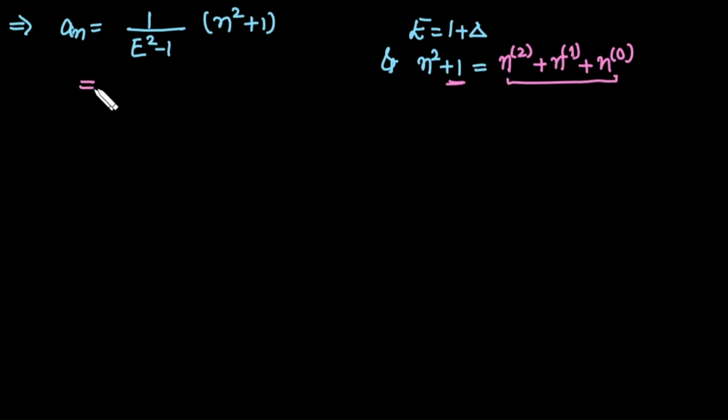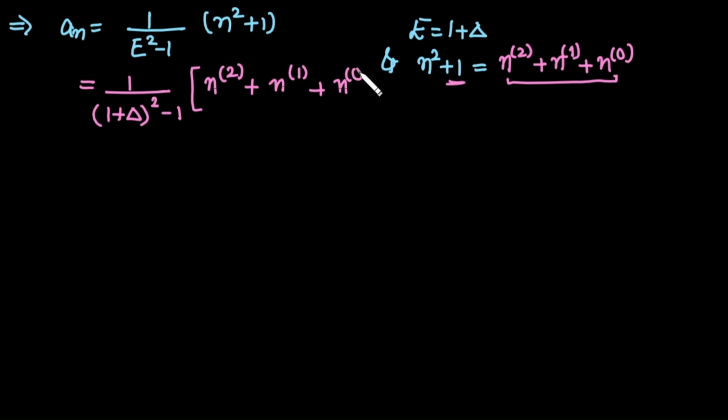So we can write in this case 1 upon (1 plus delta) whole square minus 1, and in place of n square plus 1 we can write its factorial polynomial as n raised to power 2 plus n raised to power 1 plus n raised to power 0, all factorial polynomials.